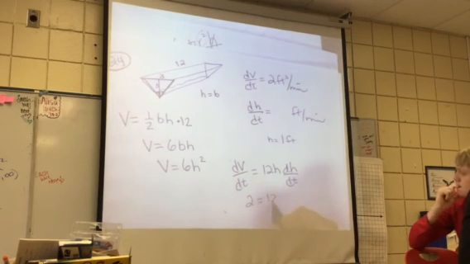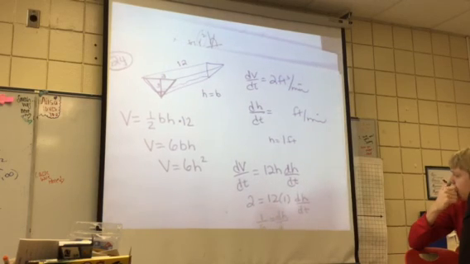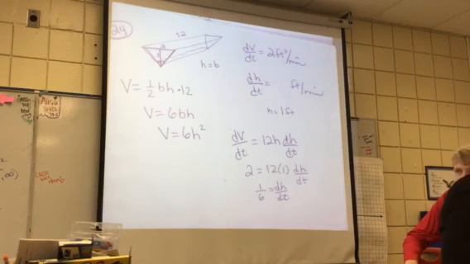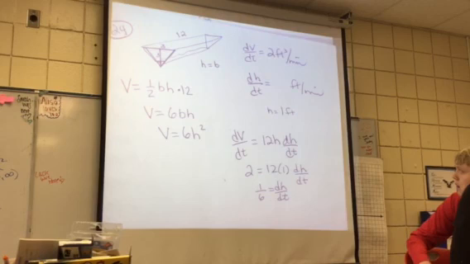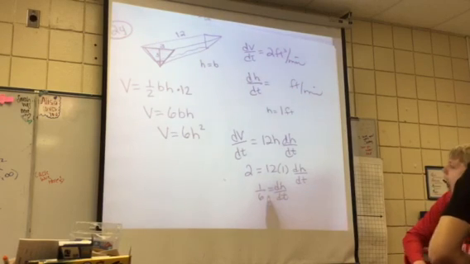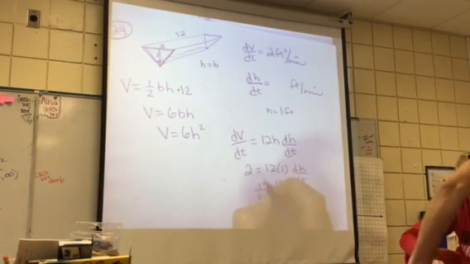Two equals 12 times 1 times dH/dt. So dH/dt is 1/6, the rate at which the height is increasing when the height is just 1 foot. What would those units be? Feet per minute. I think this one was in minutes. Yeah, it was. So that height would be 1/6 feet per minute.